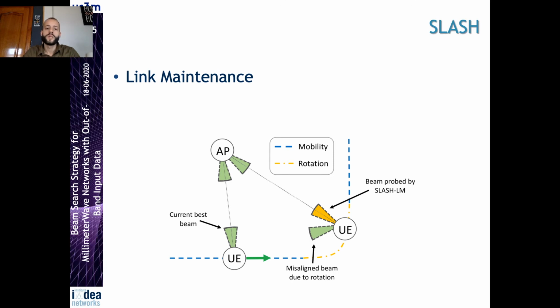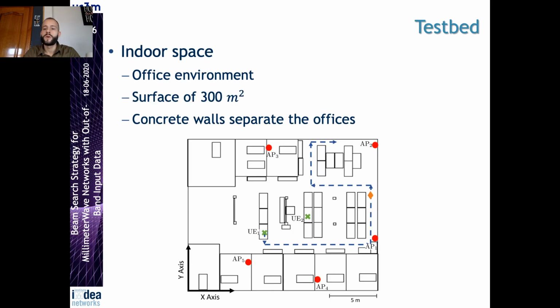I'll say that we can go to the testbed, where our measurements are conducted in an indoor space, an office environment covering a surface of 300 square meters, and you can see with the black lines that we also have concrete walls separating the offices.